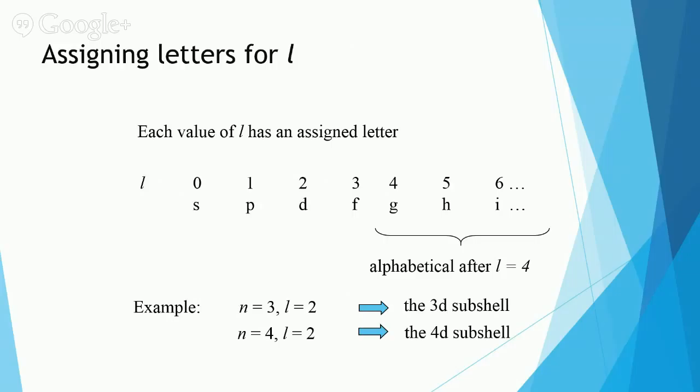So notice the nice little trend: the number tells you the n or shell you're talking about. The letter tells you what L you're talking about. So that's handy: number n, letter L. The number represents the shell, the letter represents the subshell. It's a much more convenient way to talk about these things instead of just working with all numbers.